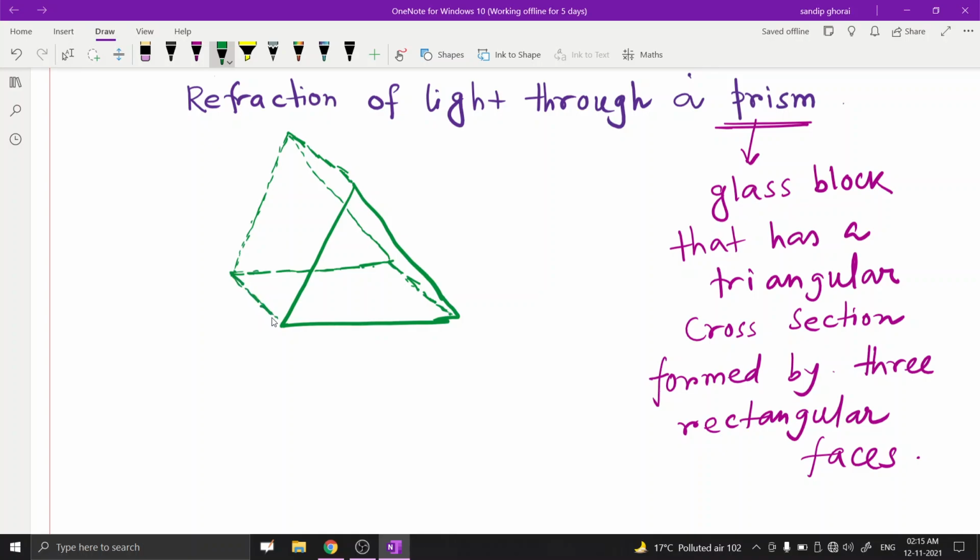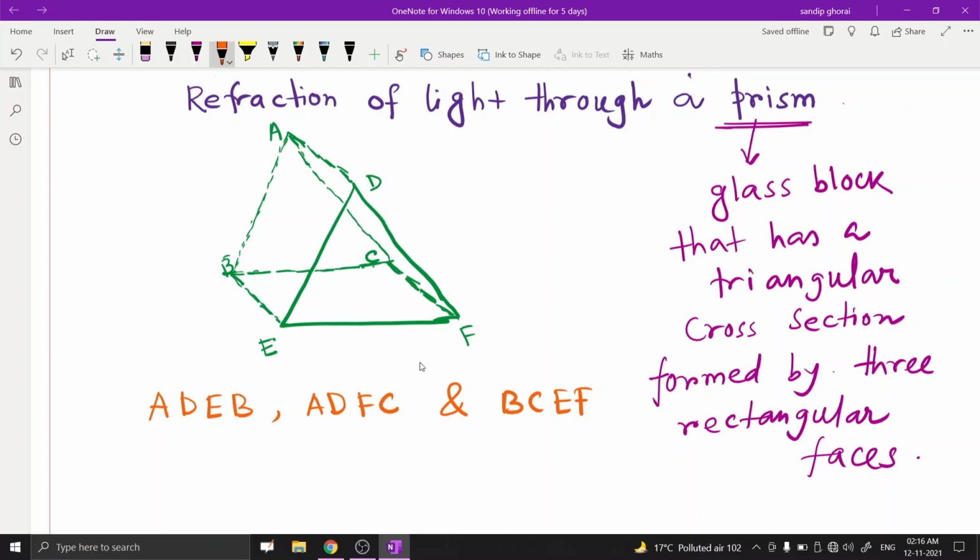If we name them, we get A, B, C, D, E, and F. In this case we get a total of 3 rectangular surfaces: A, D, E, B; A, D, F, C; and B, C, E, F.